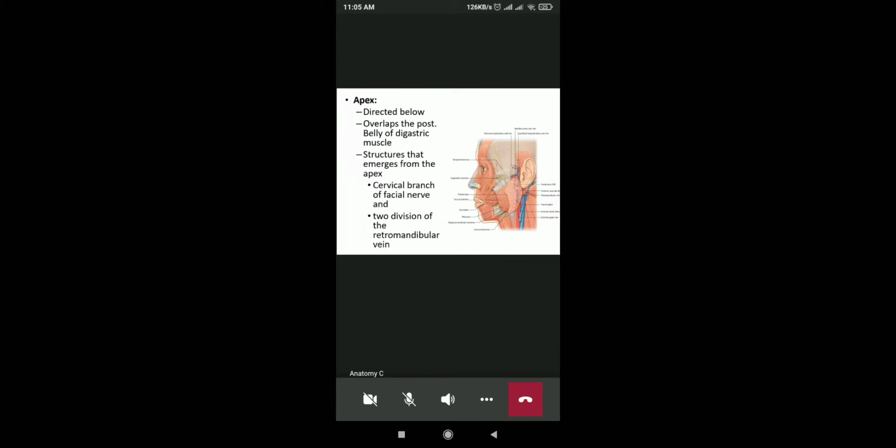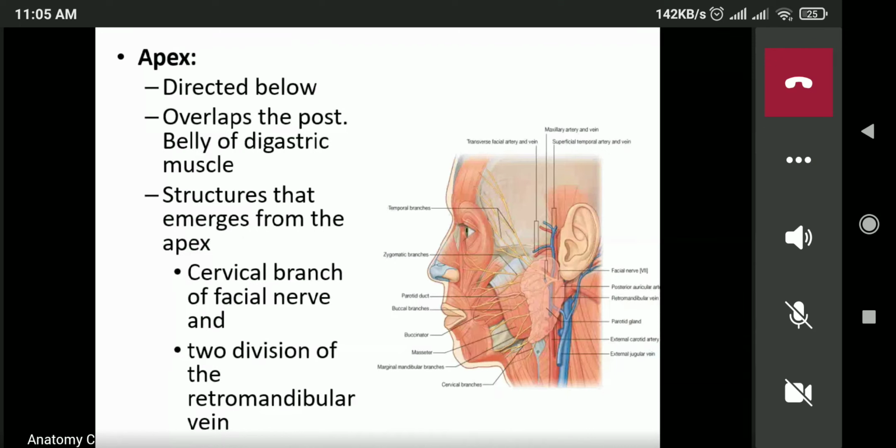Talking about the cervical branch of the facial nerve, we discussed the facial nerve before also: when it emerges from the skull, it traverses between the superficial and the deeper part of the parotid gland, and it divides into five. They are the temporal, zygomatic, buccal, marginal mandibular, and the cervical. So the cervical branch of the facial nerve is in relation to the apex of the parotid gland.